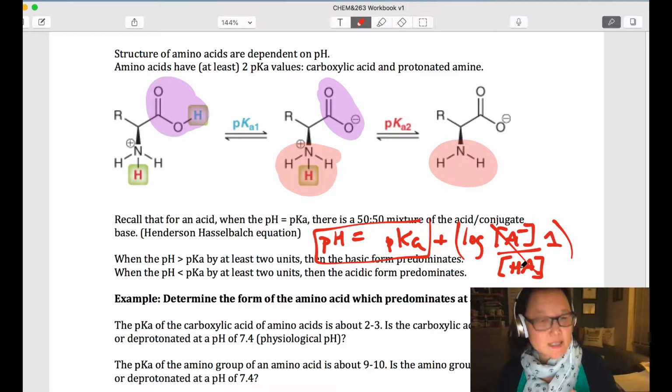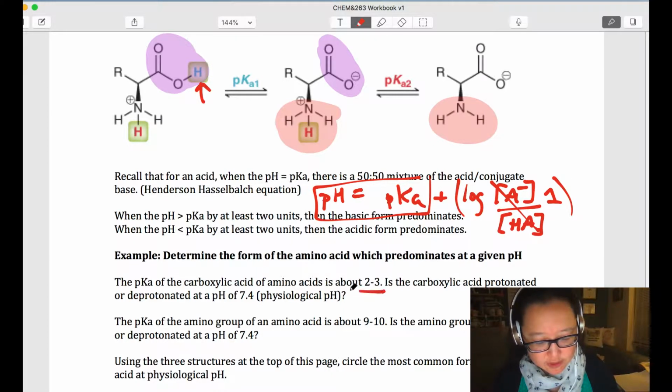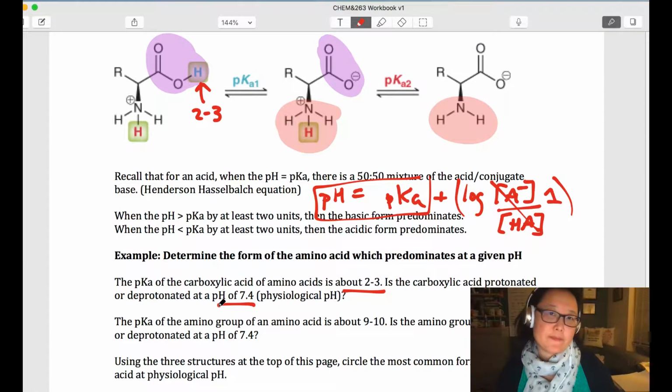Okay? So what that means is, let's say that I have the pKa of a carboxylic acid of an amino acid. So the pKa of this hydrogen here is generally about 2 to 3 pKa units. And so what does that mean if I have a pH of 7.4?